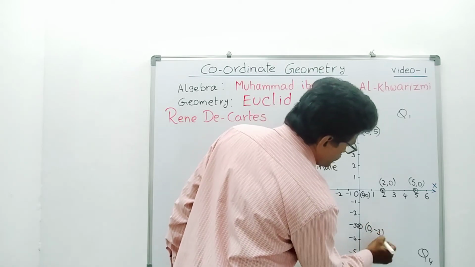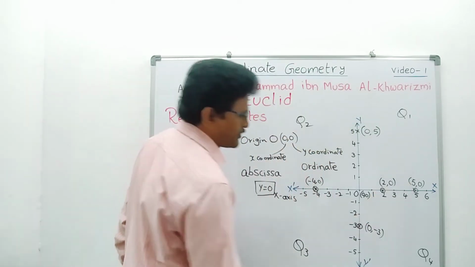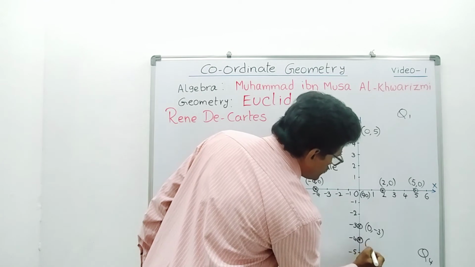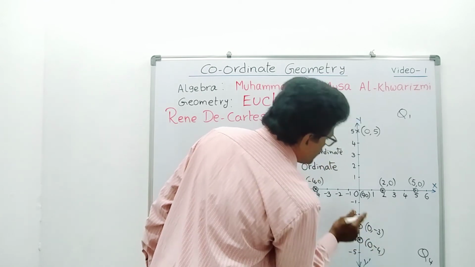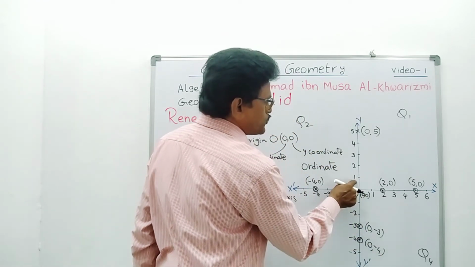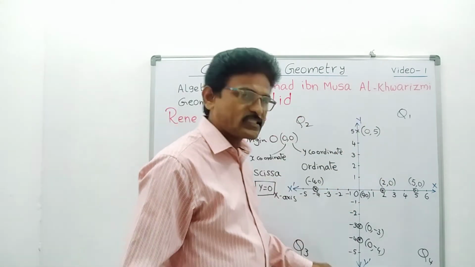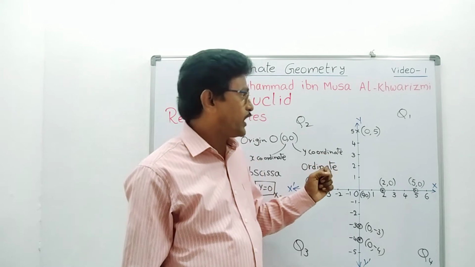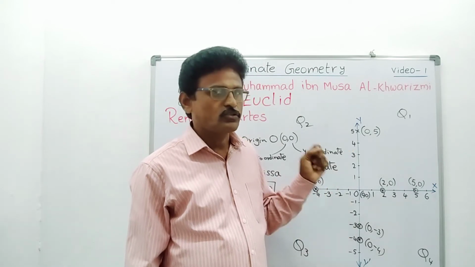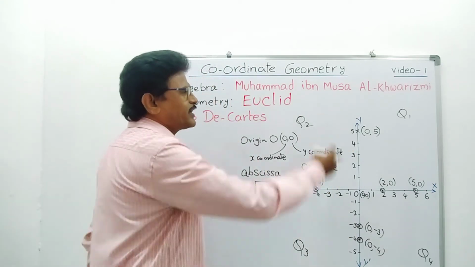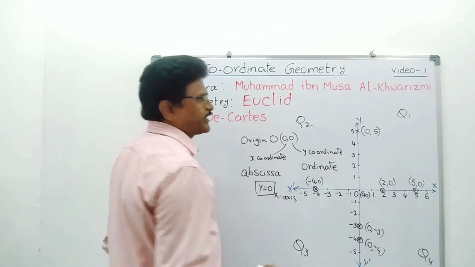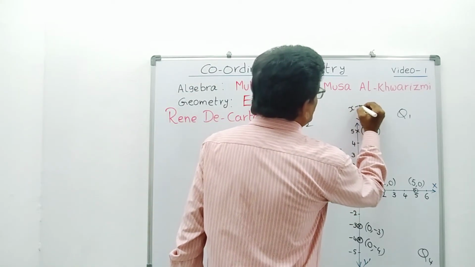So minus 3. So it is (0, -3). Now this is what? (0, -4). Now this is (0, -1). (0, 1), (0, 2), (0, 3), (0, 4), like that. On the y-axis, for all points the x coordinate is 0, right? That's why for the y-axis we can simply write the equation x equal to 0.